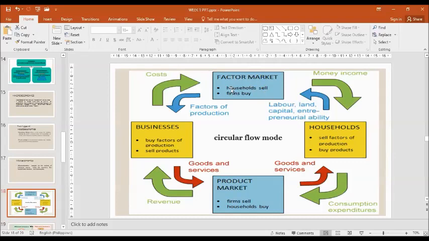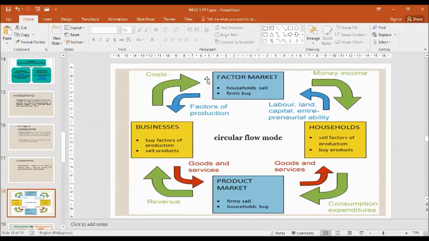So in the factor market, the households sell and the firms buy. The firms will buy the factors of production such as land, labor, capital, and entrepreneurship from the household. And in return, in the green arrow, the business will provide payment.